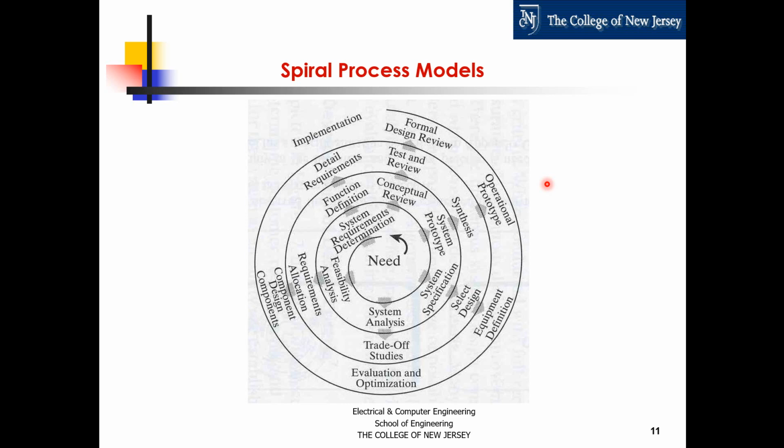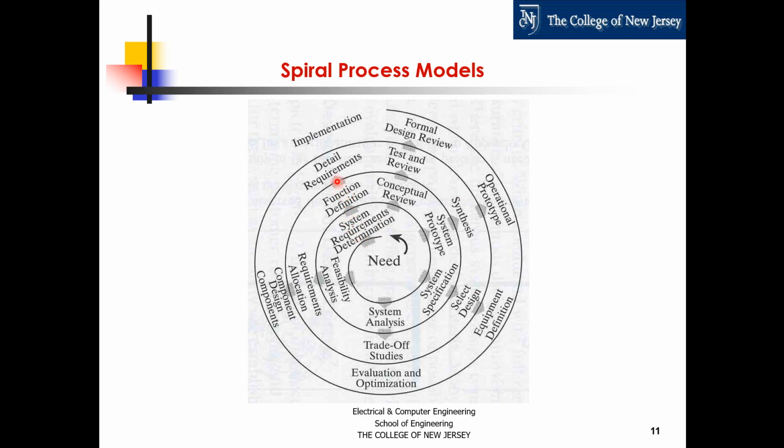So for example, you may have someone that is championing, because all this is always a team effort, the requirements. So these are here: system requirements determination, function definition, detailed requirements.